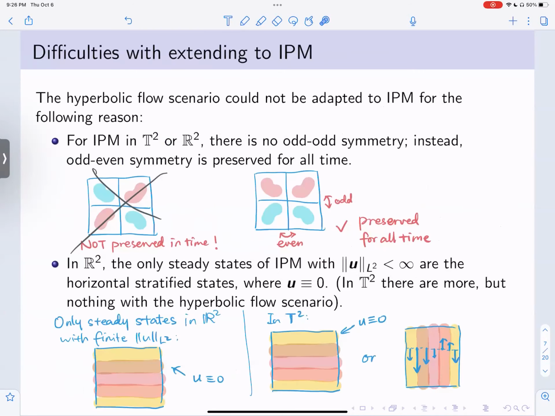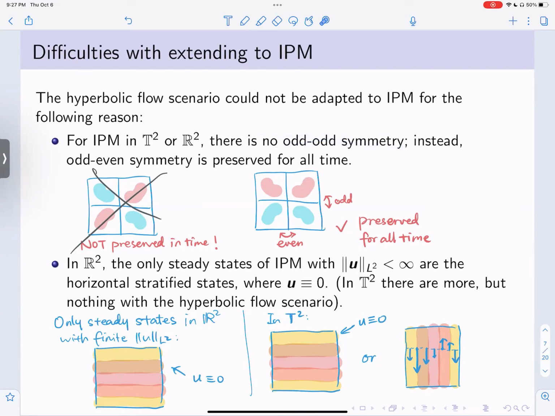However, for IPM, because the Biot-Savart law operator has different oddness versus evenness than Euler and SQG, it's not the same kind of symmetry that is preserved. Instead of the odd-odd symmetry, this will not be preserved.